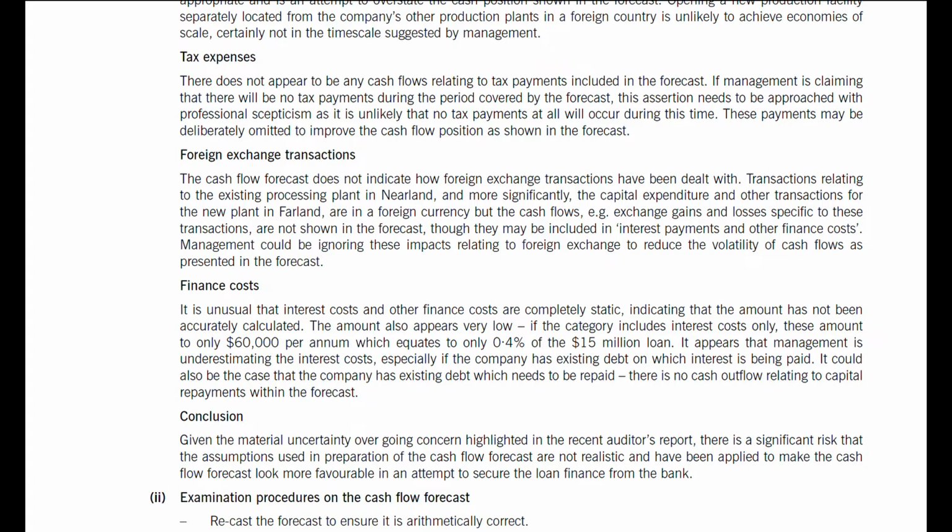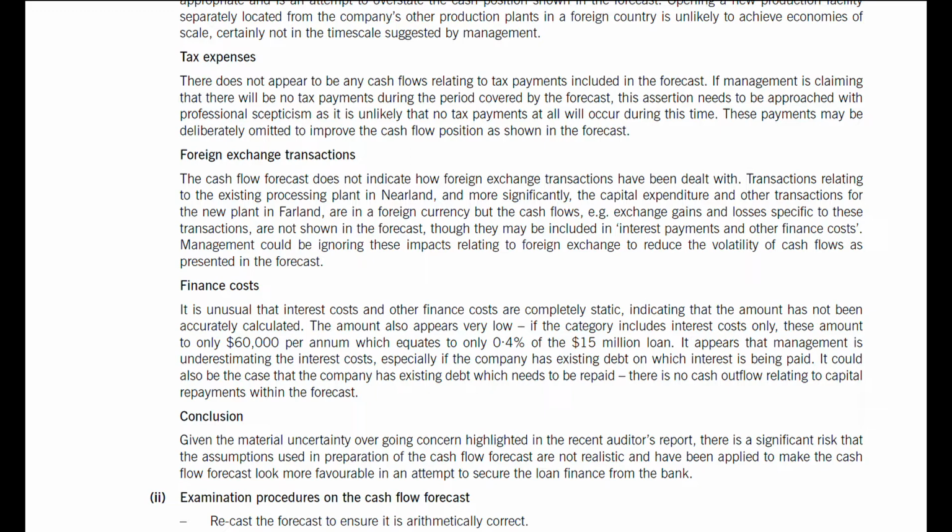Foreign exchange transactions. The cash flow forecast does not indicate how foreign exchange transactions have been dealt with. Transactions relating to the existing processing plant in the new land, and more significantly, the capital expenditure and other transactions for the new plant in a foreign country are in a foreign currency, but exchange gains and losses specific to these transactions are not shown in the forecast, though they may be included in interest payments and other finance costs.